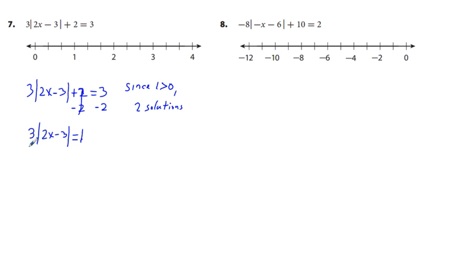So next we go about dividing by 3. So we get either 2x minus 3 equals 1/3, or 2x minus 3 equals negative 1/3.